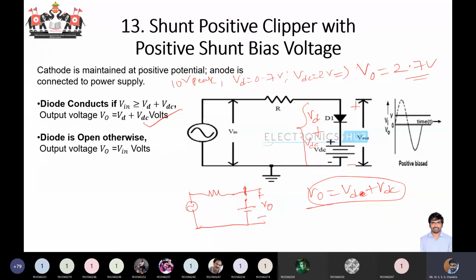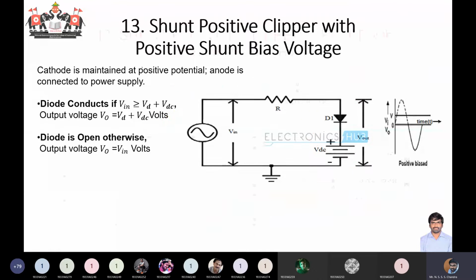Now your circuit is open, so whatever the input voltage you are giving, it will appear across your output terminals. So V0 equal to Vin. So maximum value you may observe over here is nothing but your peak value. So in the negative half cycle, you may observe the peak as minus 10 volts.